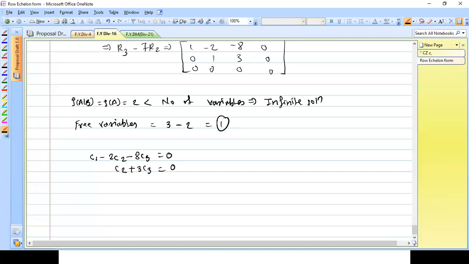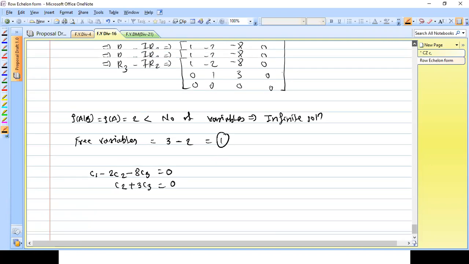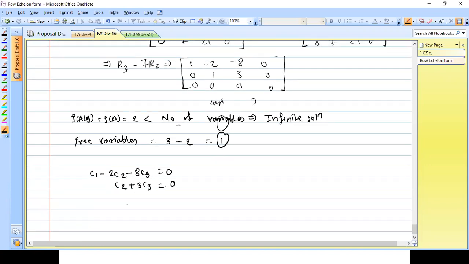How did you decide you have to remove C1? From the echelon form, I write down the matrix equation AX equal to B, and then I write down these equations.